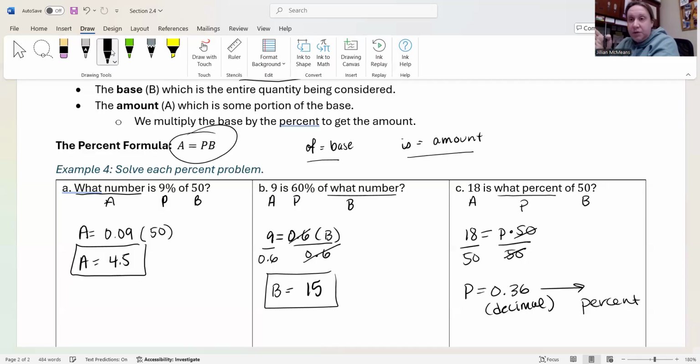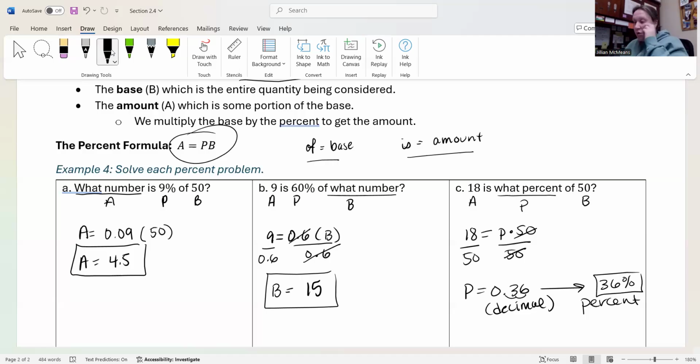So if we take a percent and turn it into a decimal by moving the decimal to the left twice, hopefully it makes sense that we would take a decimal and convert it to a percent by moving the decimal to the right twice. So to go from percent to decimal, you go to the left twice. To go decimal to percent, you go to the right twice. So we move the decimal twice, and this tells me that P is 36%. So I could say 18 is 36% of 50.